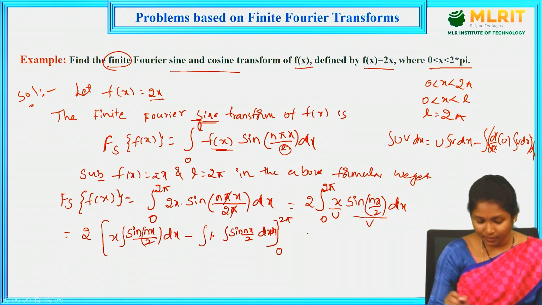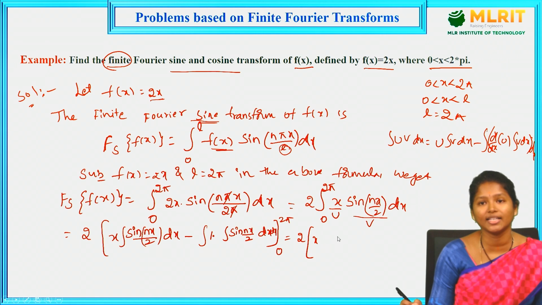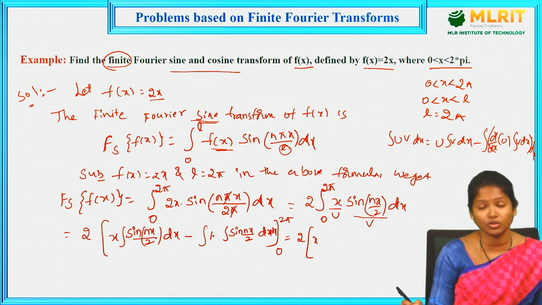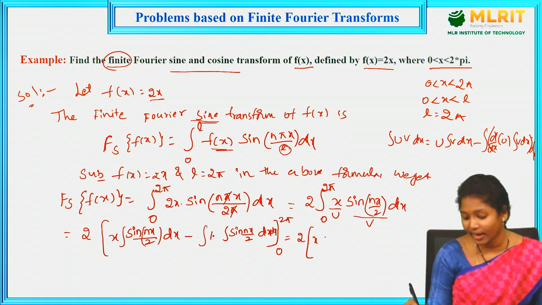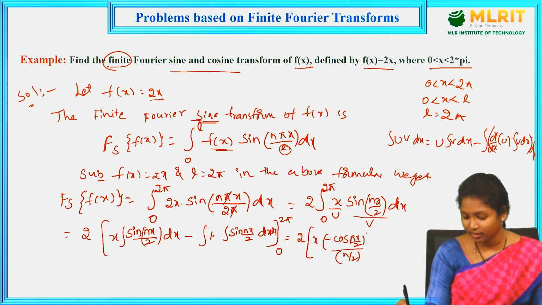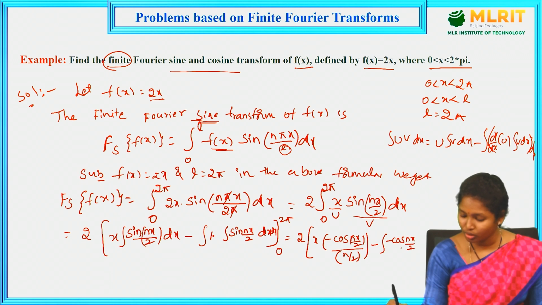So we will get 2 into x into integration of sine x is minus cos x, right? So in the place of x, nx by 2 is there. So we will get x into minus cos nx by 2 by n by 2. This is constant, right? So we will write it in the denominator. Minus integral minus cos nx by 2 by n by 2 into dx. Limits 0 to 2 pi.